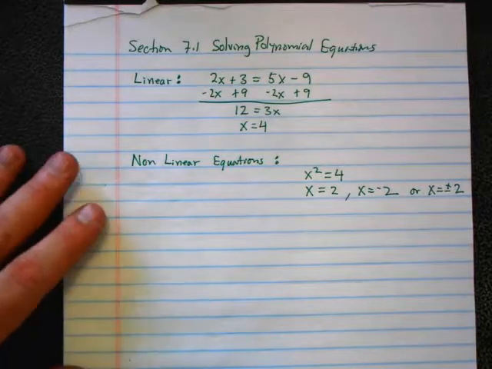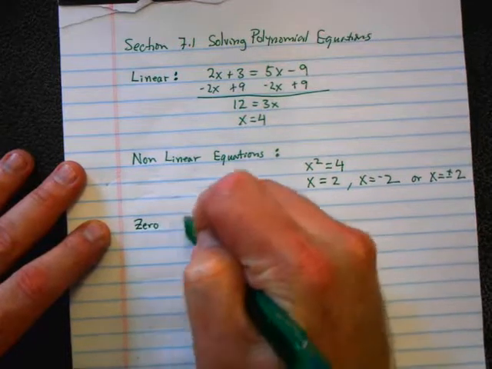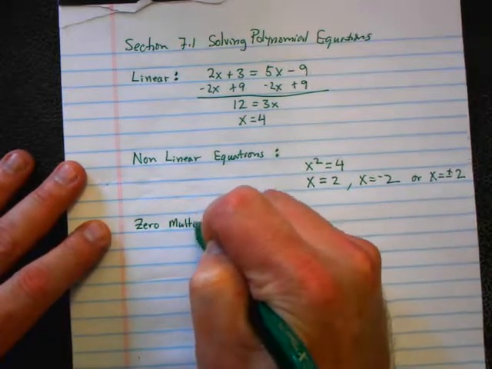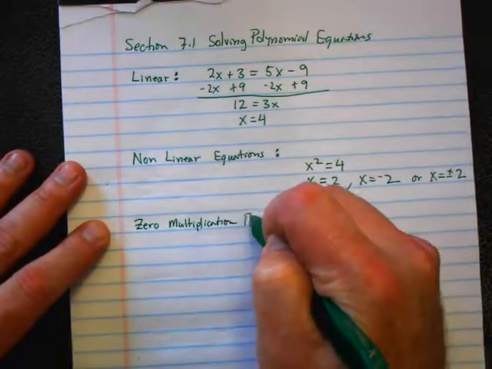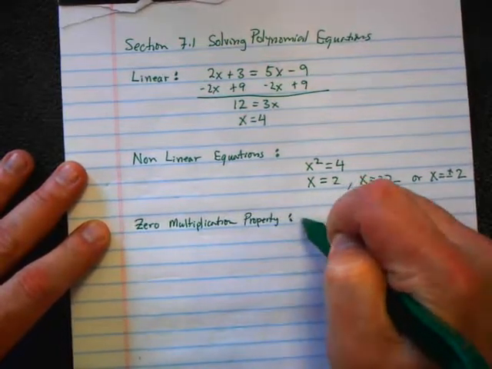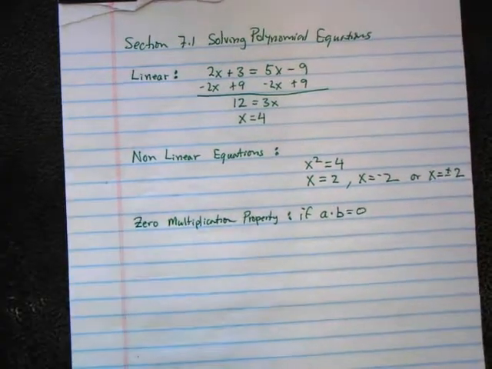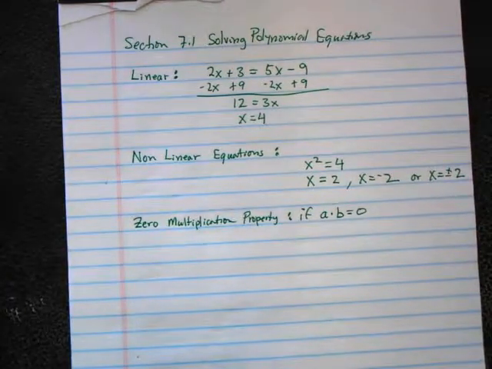All right. That actually has a fancy math name. That's called the zero multiplication property. And it says if you multiply 2 things together and your answer is 0, then what has to happen? One of them has to be 0.